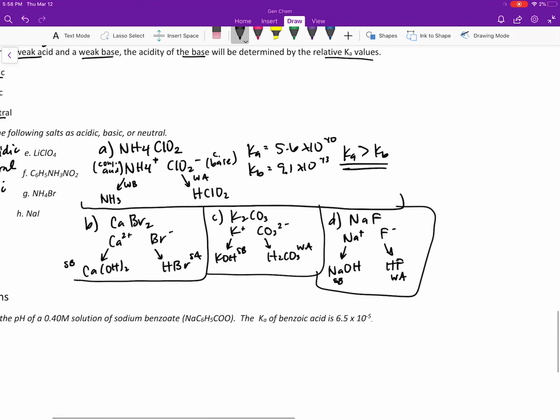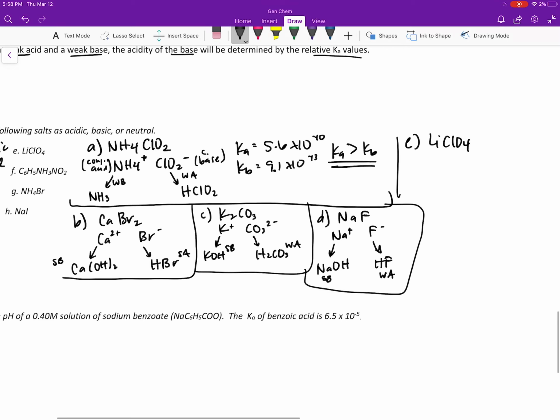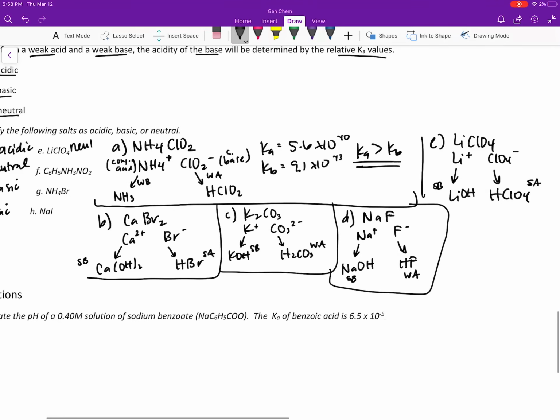If we look at E, E is lithium perchlorate, lithium plus, ClO4 minus. This comes from lithium hydroxide and perchloric acid. This is a strong acid, and lithium hydroxide is a strong base, making this salt neutral.